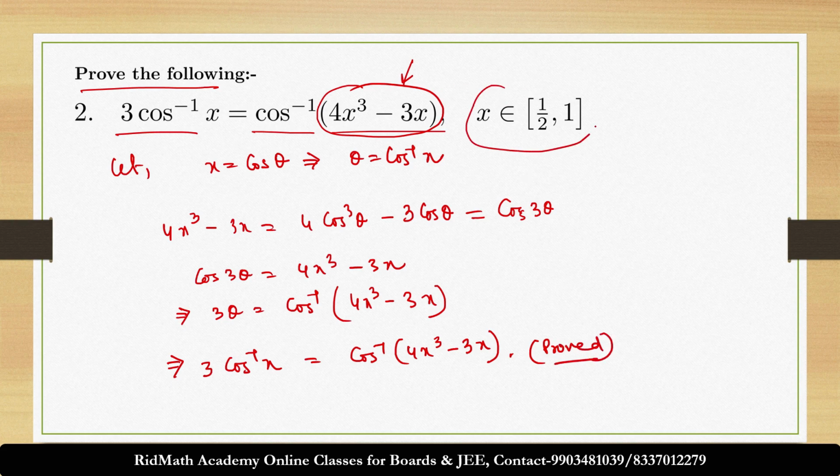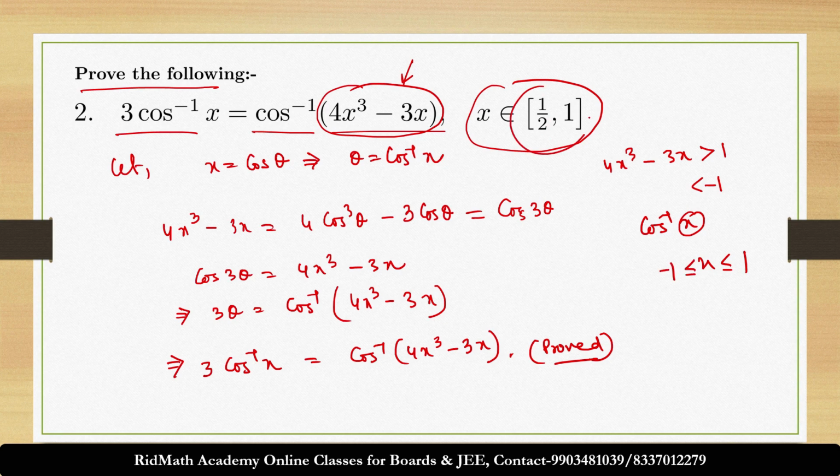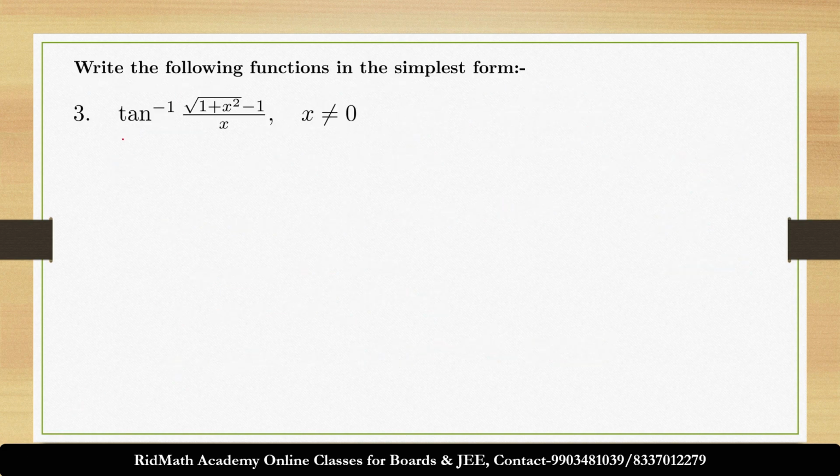So here also it is given that x belongs to half to 1, because if x is not in this region, then 4x cube minus 3x will be greater than 1 or less than minus 1, because we know in cos inverse x, x is from minus 1 to 1. So if x does not belong to this region, the argument will exceed these two values. So that's why x has to be in this region. Hope you understand. Next problem.